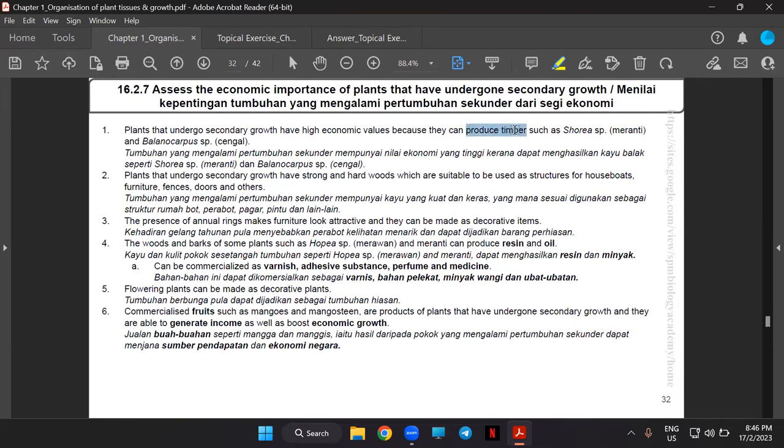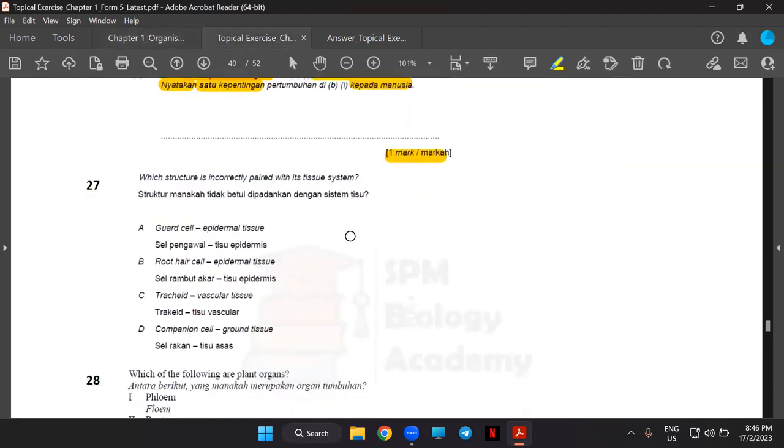Produce timber. Boleh. Menghasilkan kayu balak. Dapat satu markah. Ataupun jawapan-jawapan lain yang kamu nak tulis. Boleh pilih daripada sini. No problem. So only one mark. I go for that one. Very simple one.